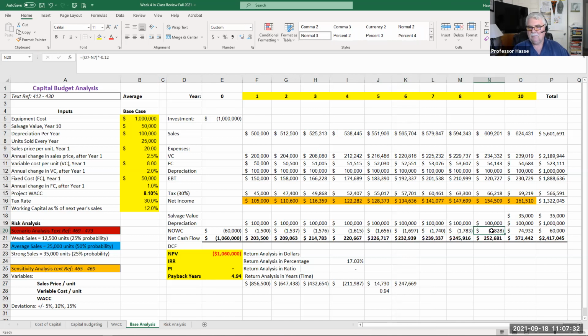But notice what happens in the final year at the end of the life of this asset. I take 12% of the entire year 10 revenue, which is $74,932, and it is now in the final year added back in as positive cash flow. Why? Because the project is over and there's no longer a need for working capital expenditures.